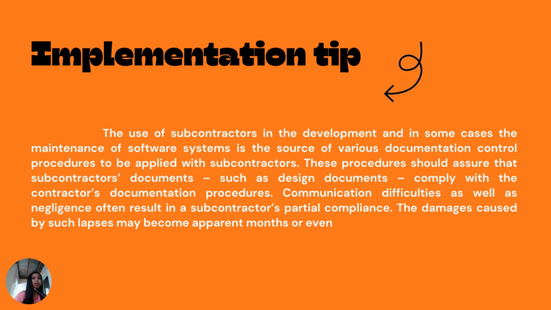The damages caused by such lapses may become apparent months or even years later, when a vital document is missing or is discovered to provide inadequate or only partial information. Prevention of such situations can be achieved by appropriate contract clauses as well as by continuous follow-up of subcontractor compliance with documentation requirements.